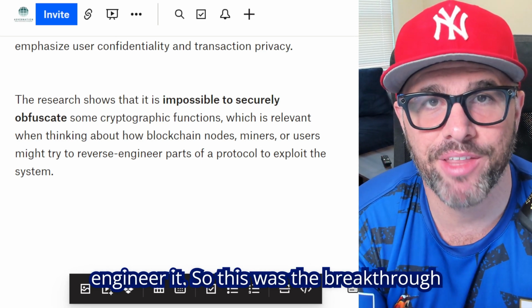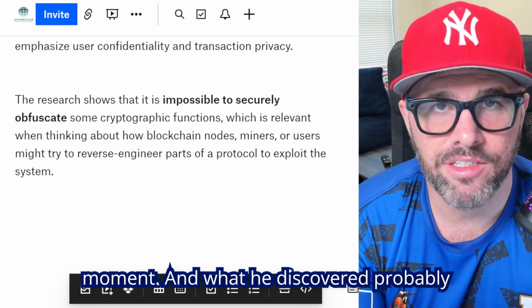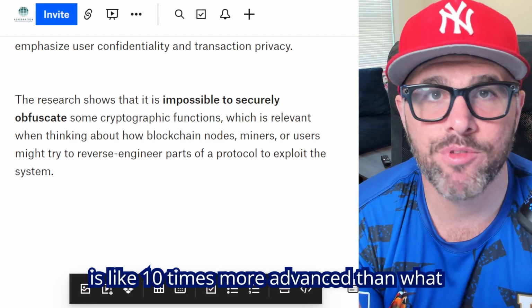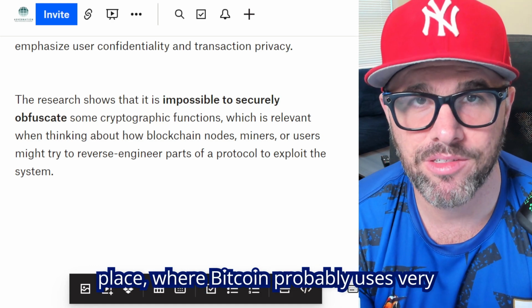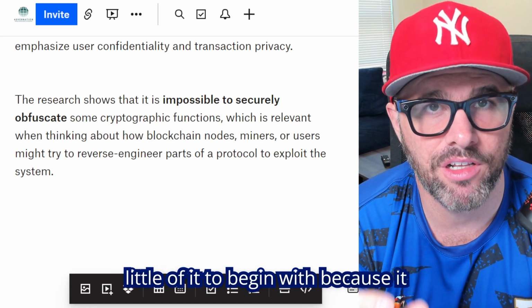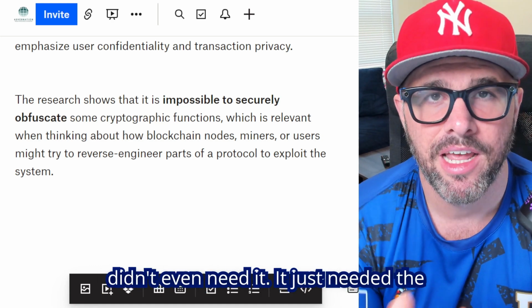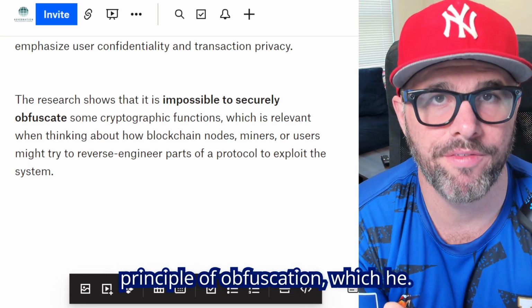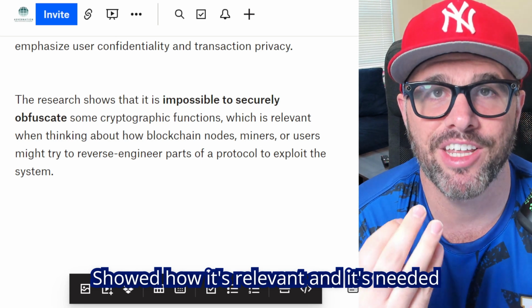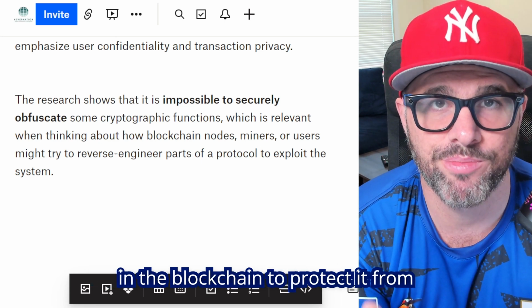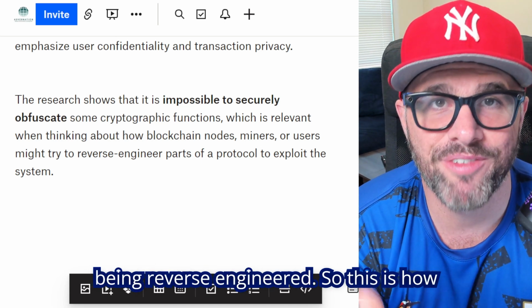So this was the breakthrough moment. What he discovered is probably 10 times more advanced than what was even put into Bitcoin in the first place, where Bitcoin probably uses very little of it to begin with because it didn't even need it. It just needed the principle of obfuscation, which he showed is relevant and needed in the blockchain to protect it from being reverse engineered.